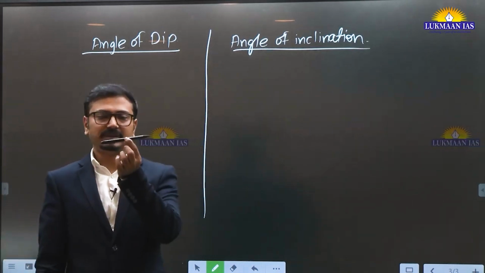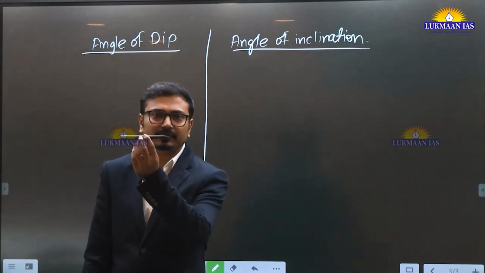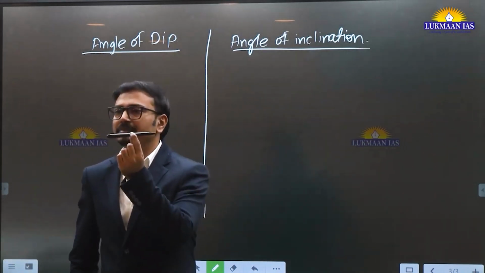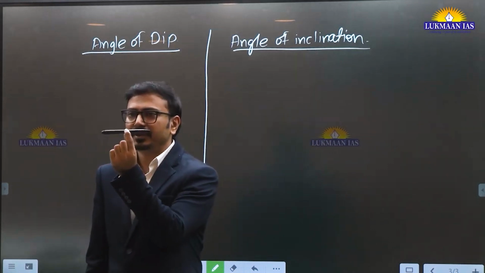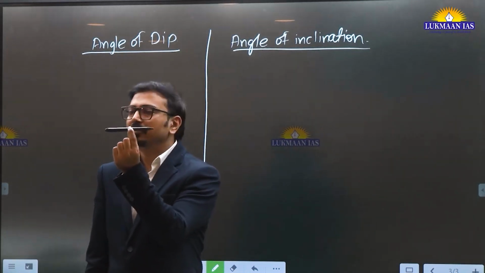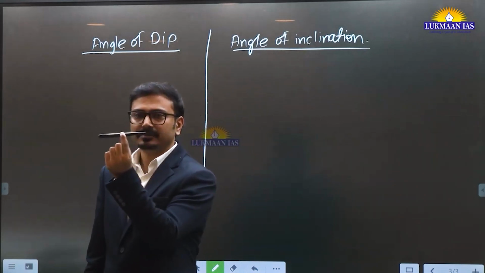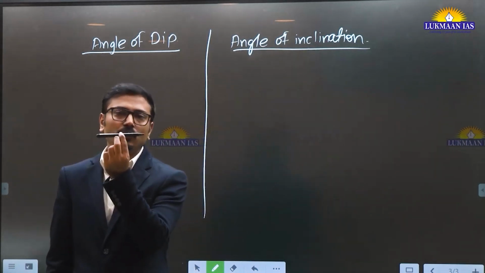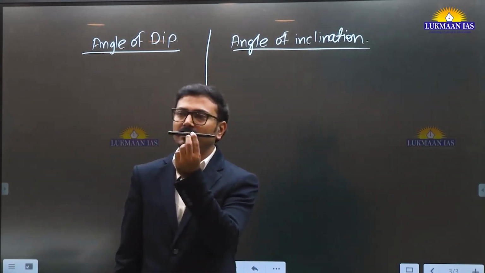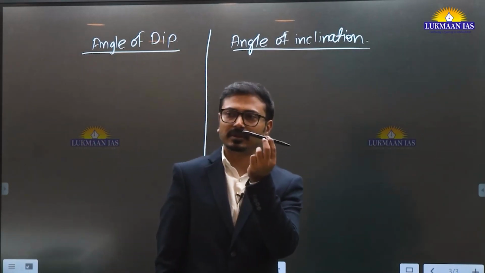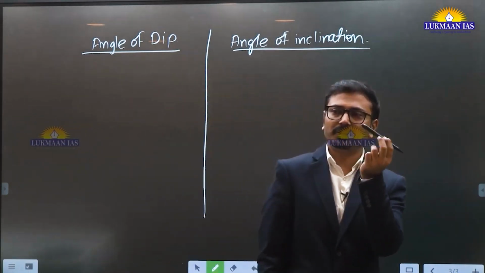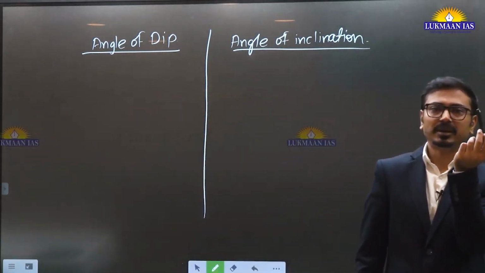If suppose this needle is kept like this, okay, and I am standing at equator, it will be aligned exactly parallel to the earth's surface, right, like this. Now let's say I am moving towards the pole. Look at the movement of this needle. I am moving towards the pole, and now I am at the pole.